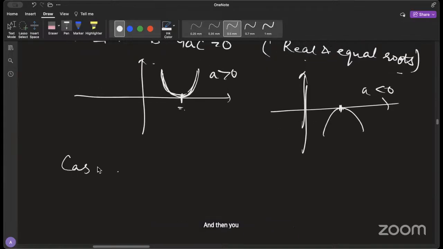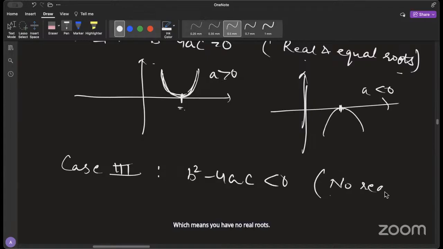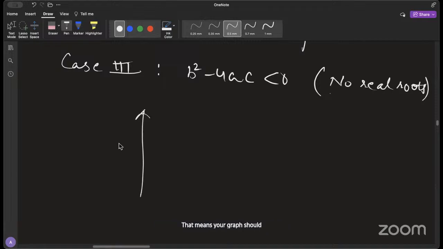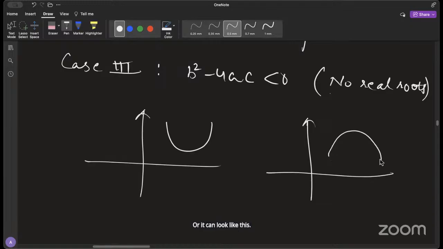And then you had case 3, where b squared minus 4ac is less than 0, which means you have no real roots. So if you have no real roots, that means it does not cut the x-axis at all, right? That means your graph should look like this. Or it can look like this.